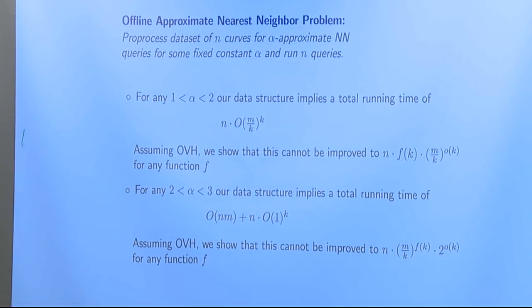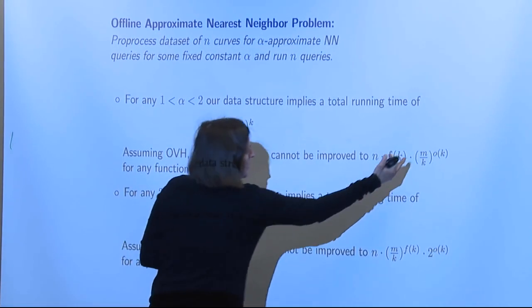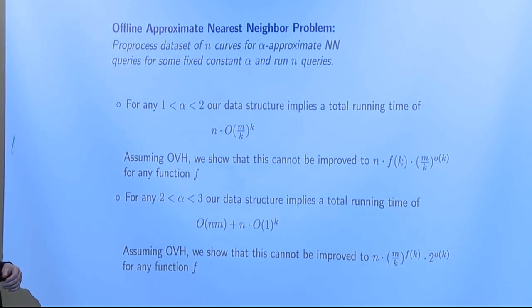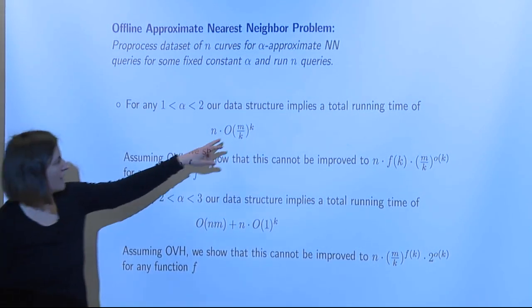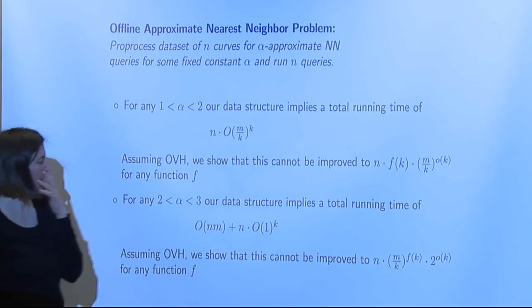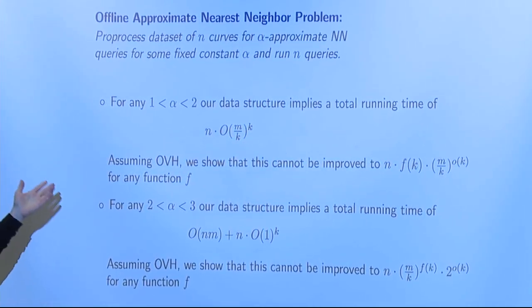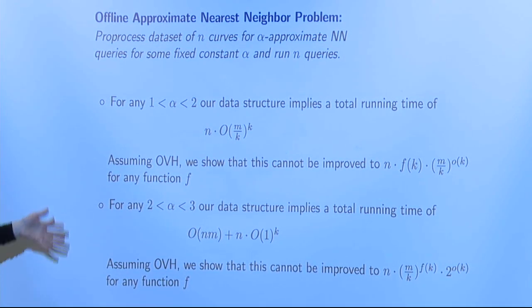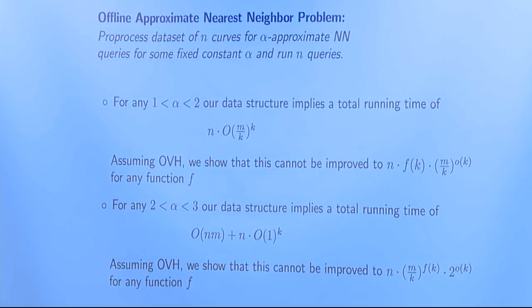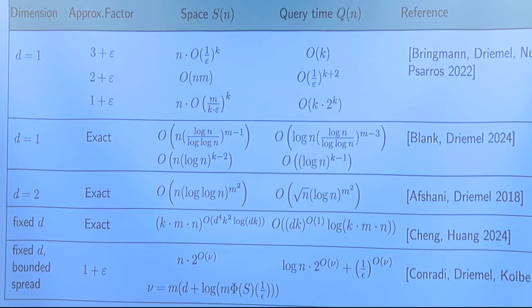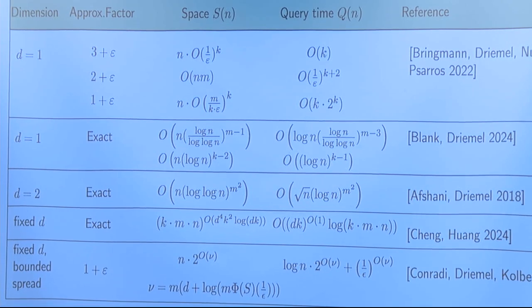So this shows some tightness here, also in this factor m over k to a little of k. You have to have some kind of factor like this here, and between 2 and 3 we also get, in a similar way, tightness for some of these parameters.